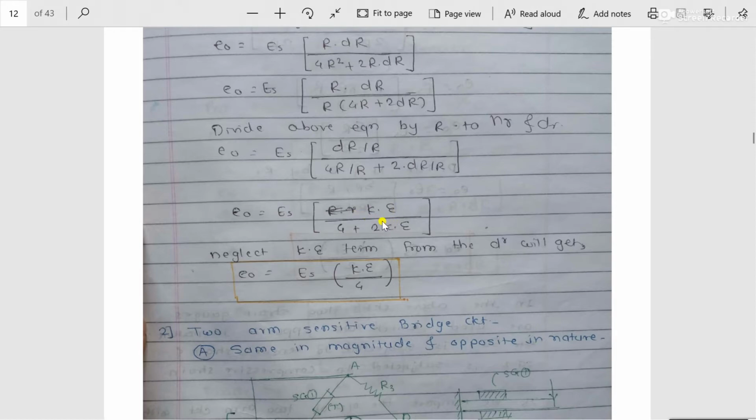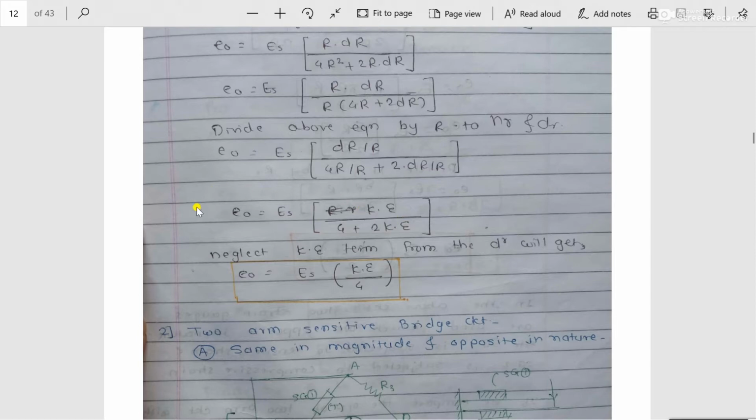But whatever k into epsilon terms are present at the denominator, I have to neglect them. In any equation or configuration, if we get k into epsilon terms at the denominator, we have to neglect them. If we do not get any k into epsilon term at the denominator, we need not consider that effect, and I write that equation as it is for further calculation.